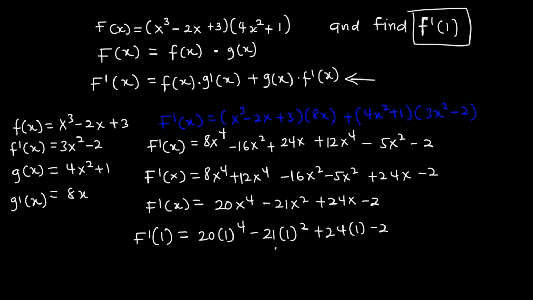We can now simplify what we have: 20 minus 21 plus 24 minus 2. This will give us a value of 21. So that will be the derivative of the function at 1.